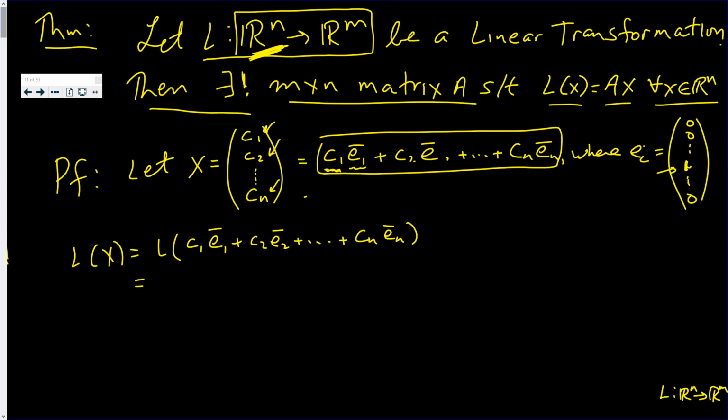Remember, C1, C2, Cn are real numbers, like scalars. Using some properties and theorems of linear transformations, this is C1 L of E1 plus C2 L of E2 all the way down to Cn L of E sub n.